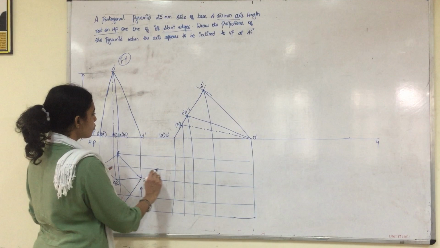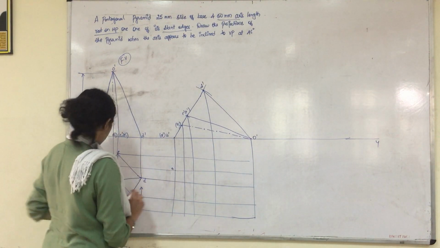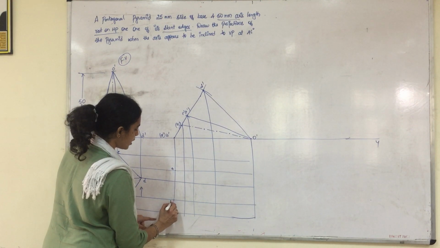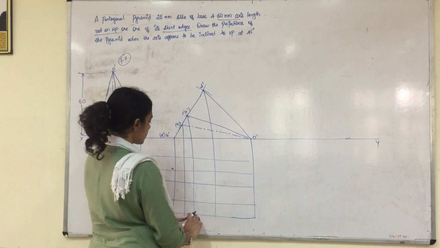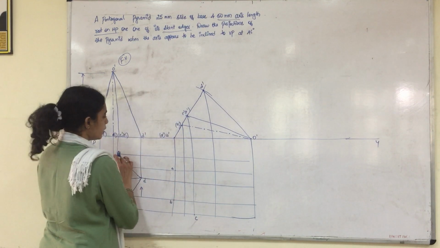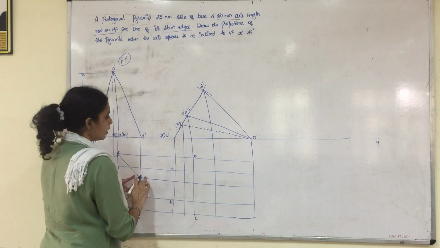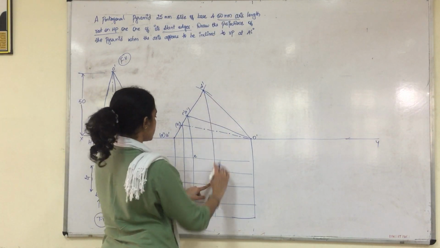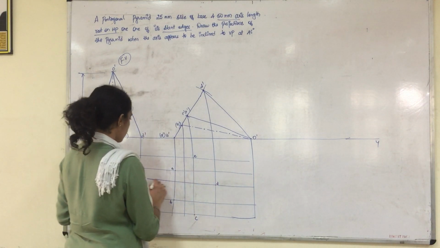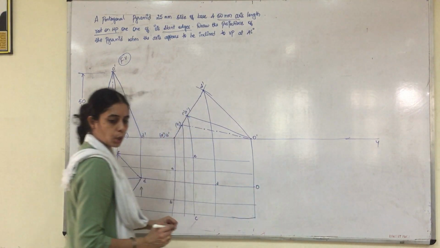The locus of A is meeting A dash at this point, so this is our A. Locus of B is meeting B dash at this point, so this is our B. Locus of C is meeting C dash at this point, so this is our C. Locus of E is meeting E dash at this point, so this is our E. Locus of D is meeting D dash at this point, so this is our D. And locus of O is meeting O dash at this point, so this is our O.